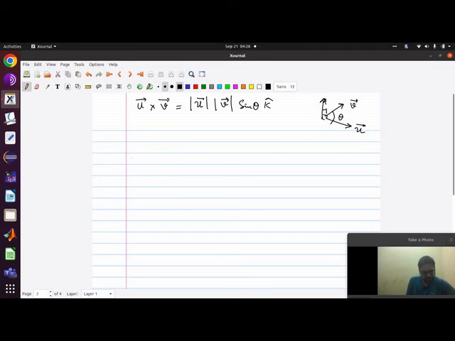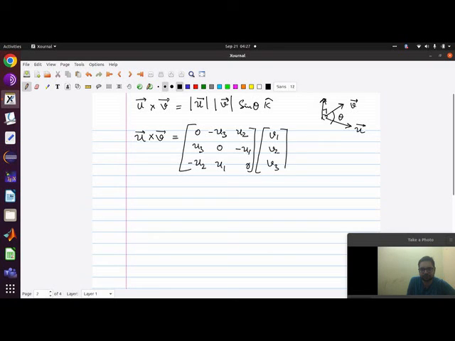Now, there is another form of writing the cross product, where we write u cross v is equal to the matrix with rows 0, minus u3, u2; u3, 0, minus u1; minus u2, u1, 0, multiplied by your v1, v2 and v3.